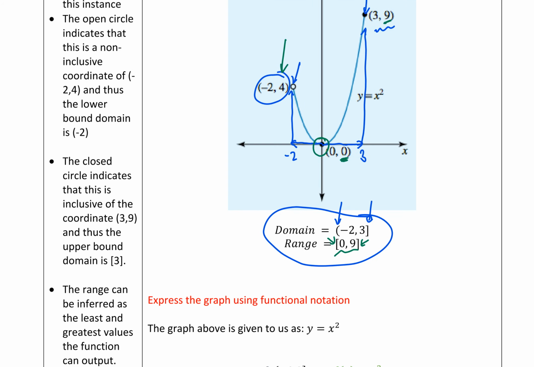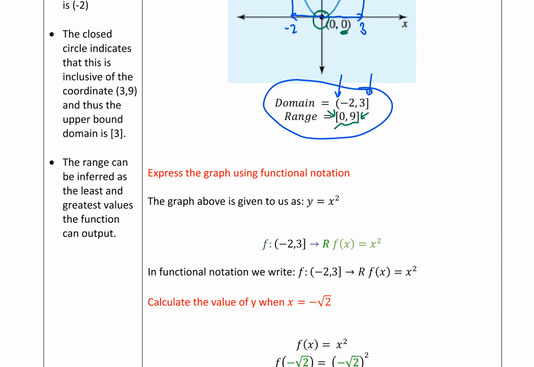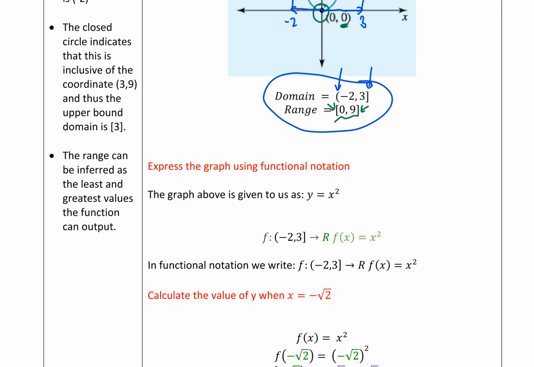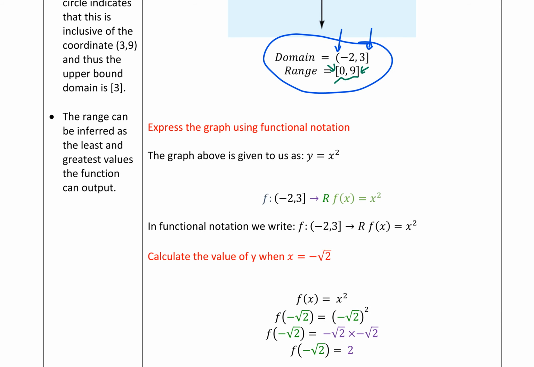So it's important that we're able to understand set notation and function notation. It's easy if we think, oh, the graph is y equals x squared, but how would we write that in functional notation? Well, we would start by giving it a function name. So this f with a colon means the function f, and the colon means is such that.